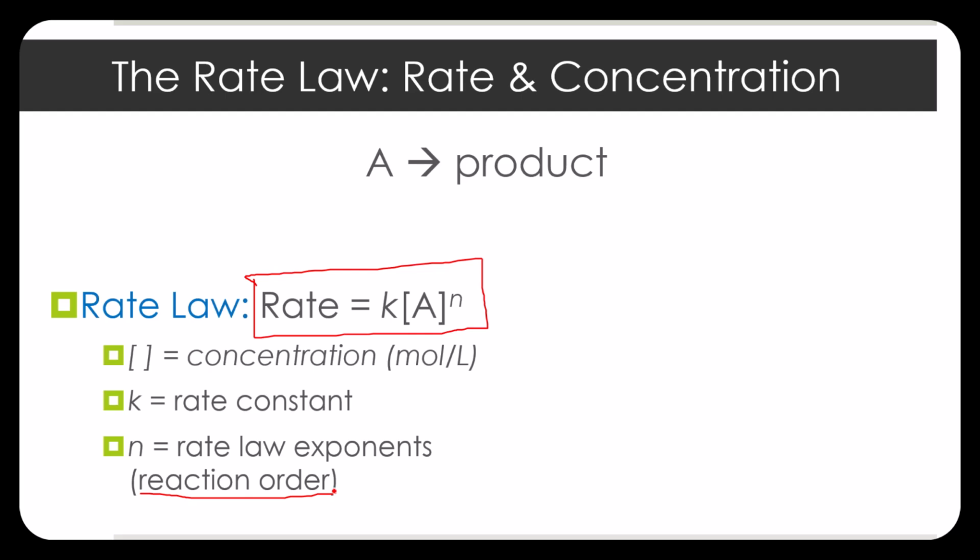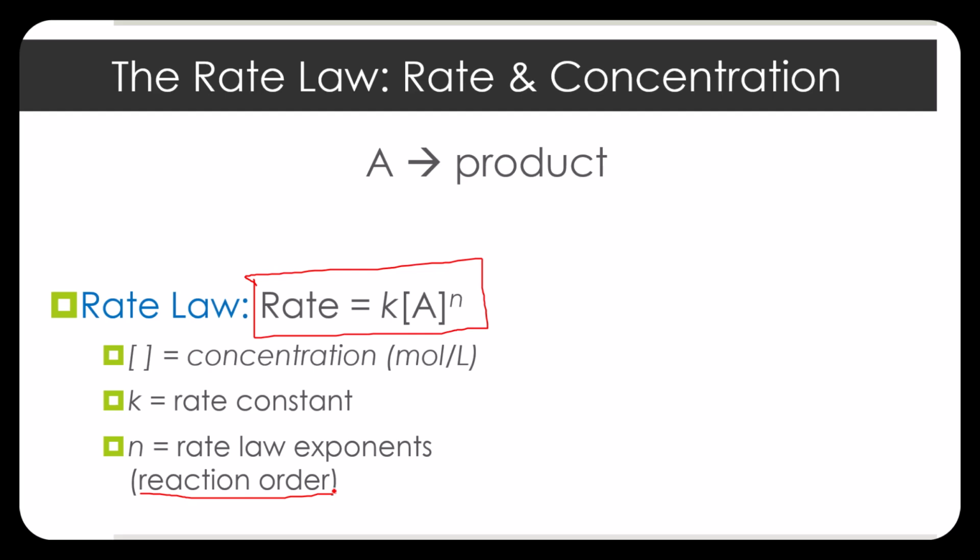But what the rate law exponent, or the reaction order, tells us is how the rate depends on concentration. Is there a really strong dependence on it, which we saw in the demo video where it significantly increased?